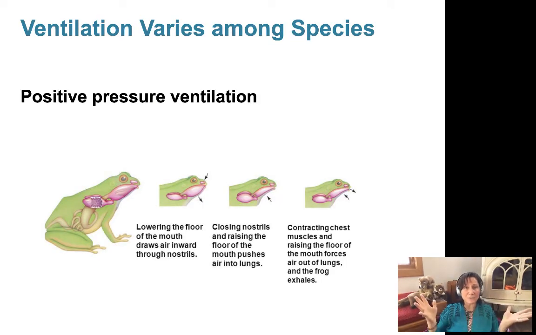Okay, so if you don't have a diaphragm, frogs are a classic model for organisms that respire and have lungs but don't have a diaphragm. The way that they get air into and out of their lungs is via what's called positive pressure ventilation. Remember, with negative pressure, you have a muscle that's drawing air into the lungs. In the case of frogs, you basically are forcing air into the lungs.